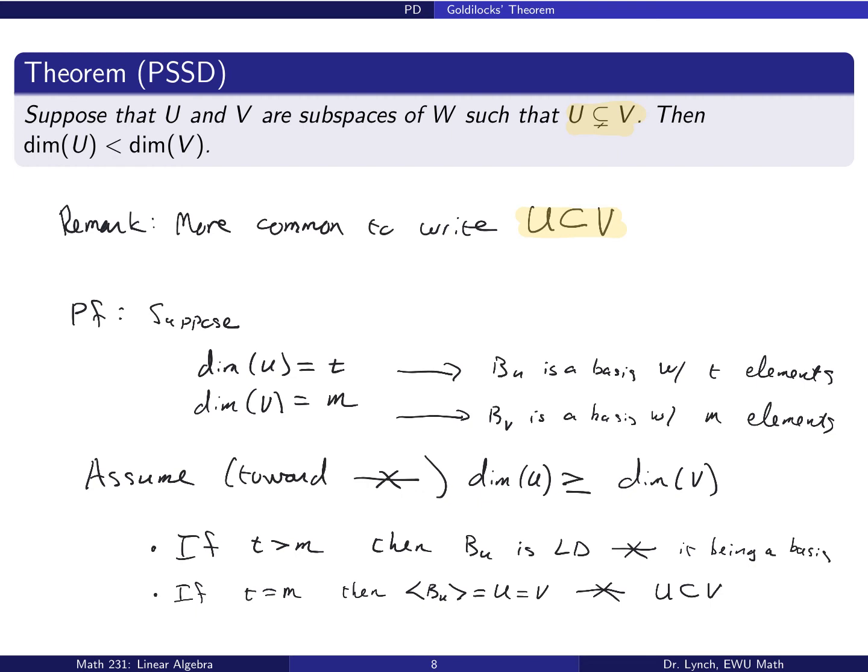Of course, if T is equal to M, then the span of the basis of U is equal to U, which is also equal to V, which is a contradiction of U being a proper subset of V. So we see, therefore, that it must be that T is less than M.